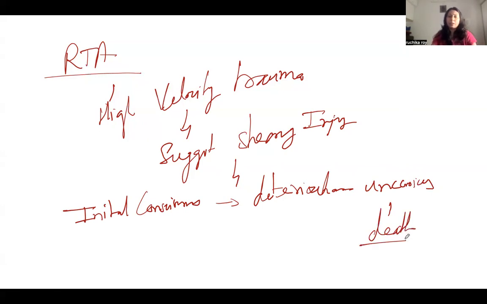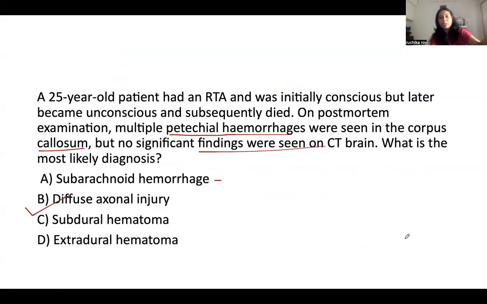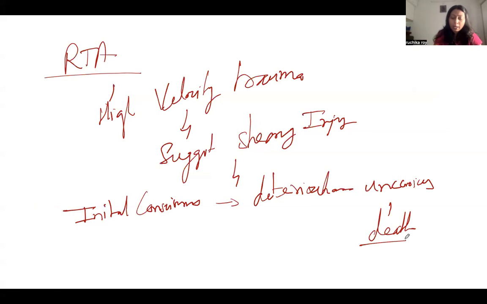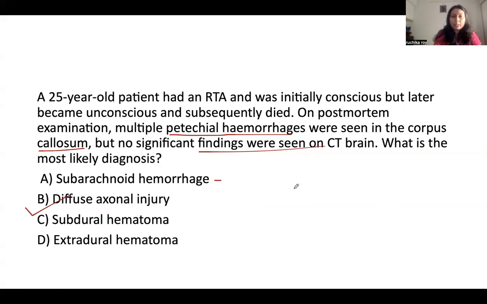So whenever there is a question where the patient is initially conscious but later becomes unconscious and then dies or goes into coma, and there is petechial hemorrhage in the corpus callosum, your answer will be diffuse axonal injury. The hallmark sign is petechial hemorrhage in the corpus callosum. So this is all about the question.